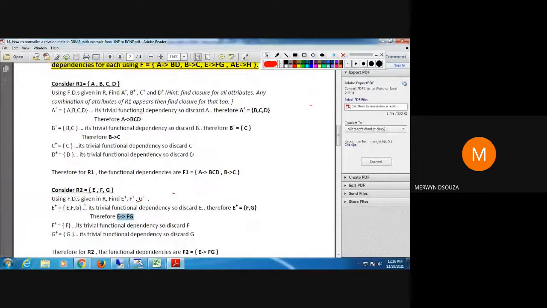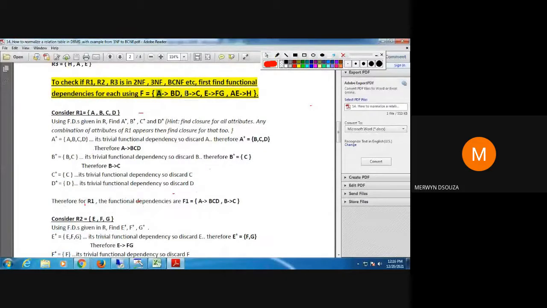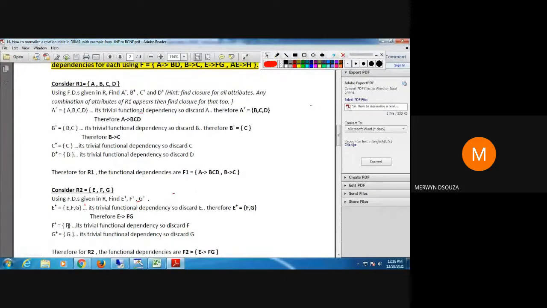The next closure you will find is F. F closure gives only F because there is no F on the left hand side. But it's a trivial functional dependency, so when you discard this, nothing else remains in F closure.